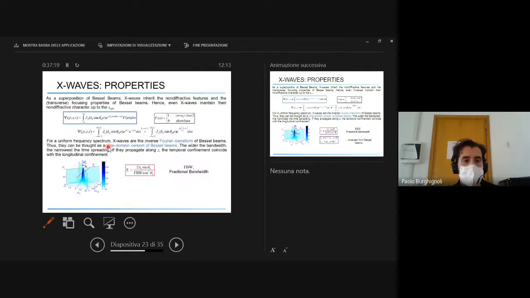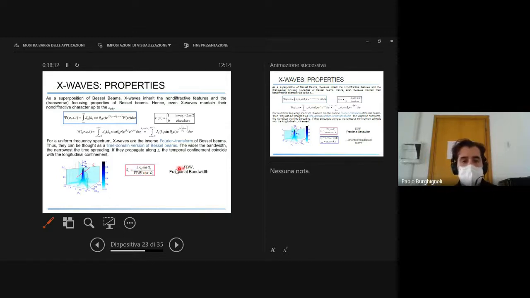In particular, it's interesting to note that if you assume the simplest frequency spectrum that you can imagine, that is a window function with an extension that gives the bandwidth of the spectrum, basically uniform, constant over a bandwidth delta omega and zero elsewhere, you are not able to find a closed form expression for the entire field, but you are able to find a simple expression to evaluate the longitudinal spot size that is reported here, and tells you that the longitudinal spot size is inversely proportional to the fractional bandwidth.